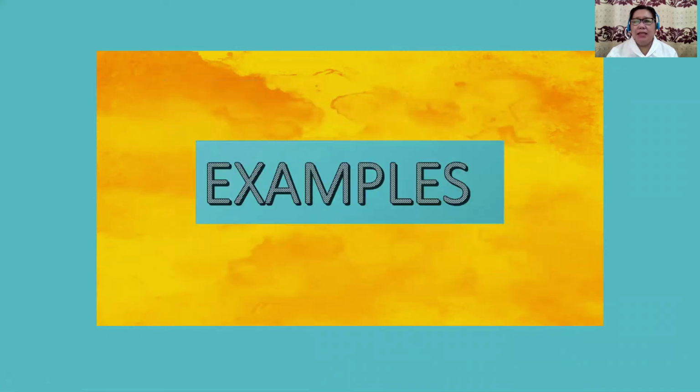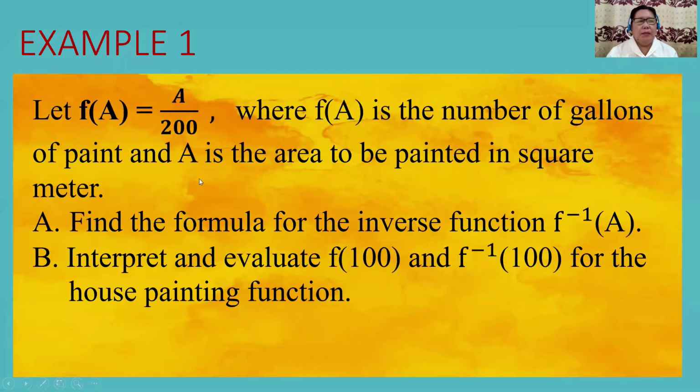Let us have examples. Number 1. Let f of a is equal to a over 200, where f of a is the number of gallons of paint and a is the area to be painted in square meters.